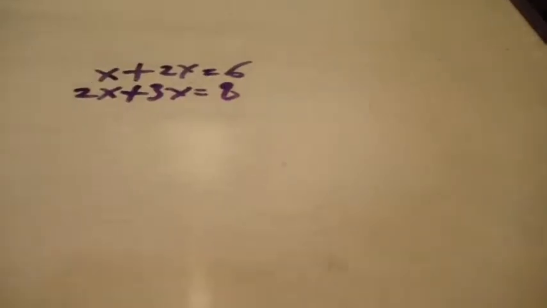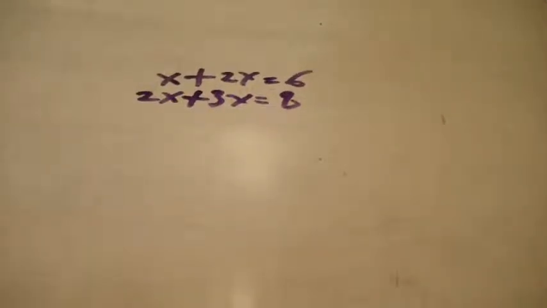Now, like we did before, we need to isolate one variable, because there's no way to substitute something if we don't know the value of it, right? We need to get it to look like x equals or y equals some numbers.